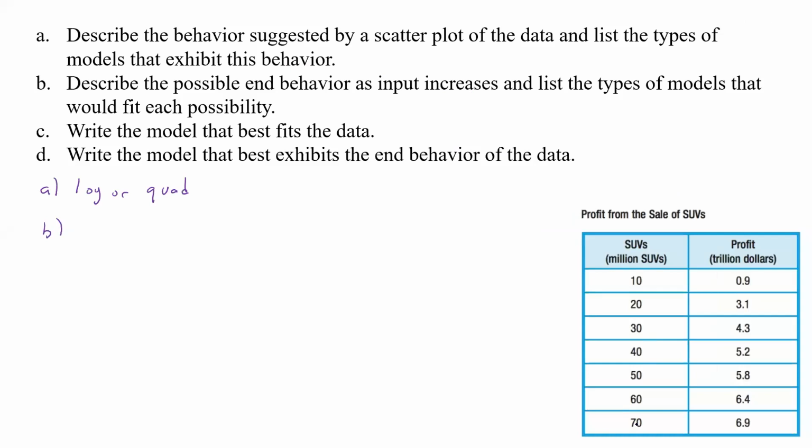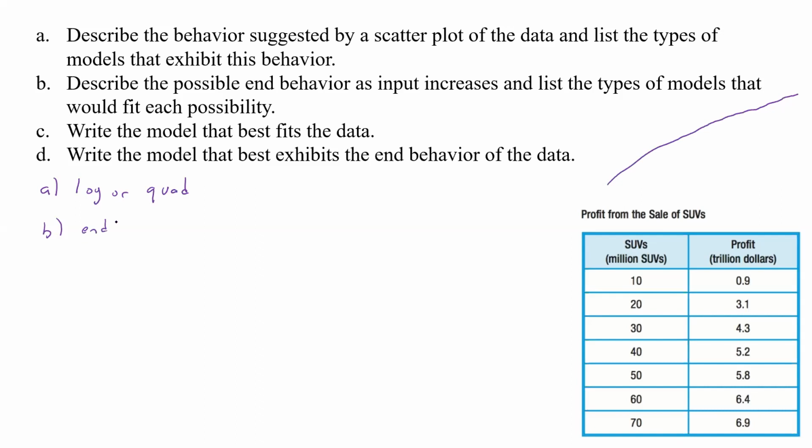To me, that means if we sell 80 million SUVs, our profit should be going up even more, and 90 would go more. And so I think this is going to go up and up and up and be unbounded. Basically, the more we sell, it's just going to continue to go up. Okay, what does that indicate? Well, not the quadratic. That indicates we're going to have probably the log.